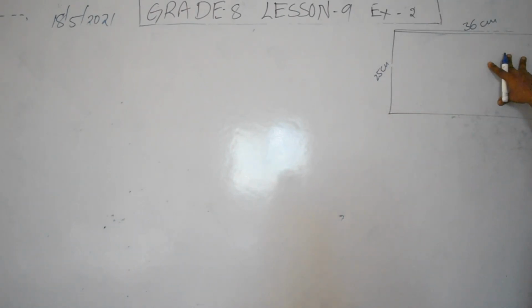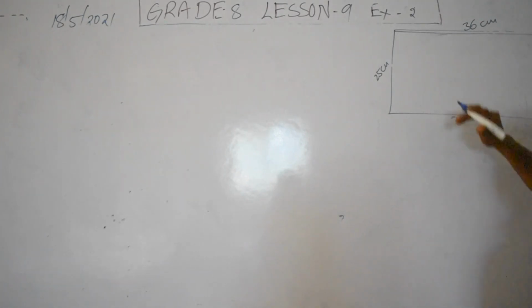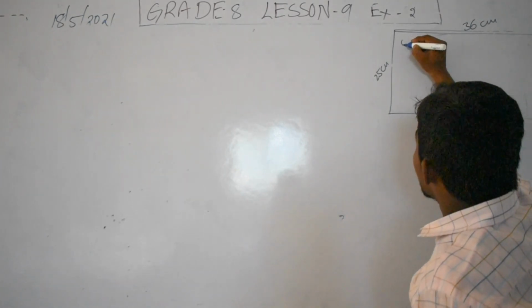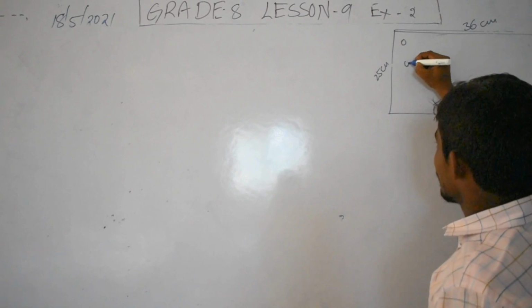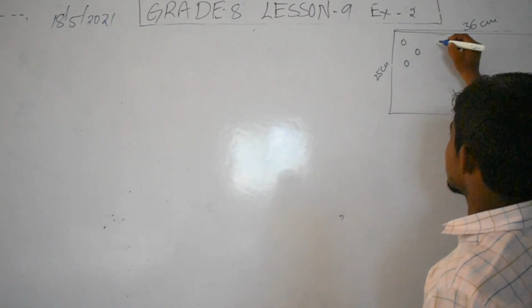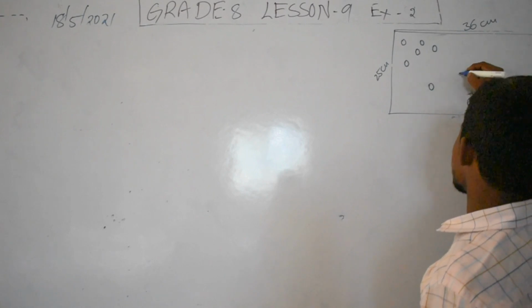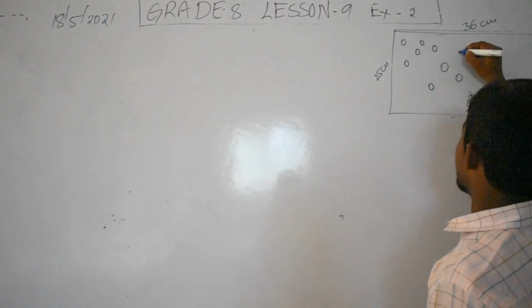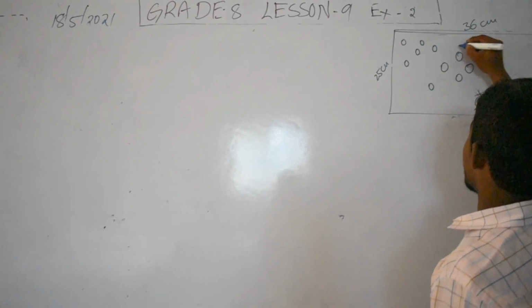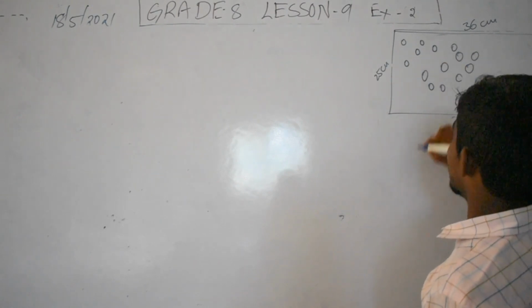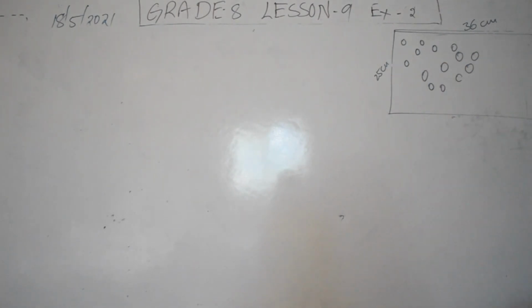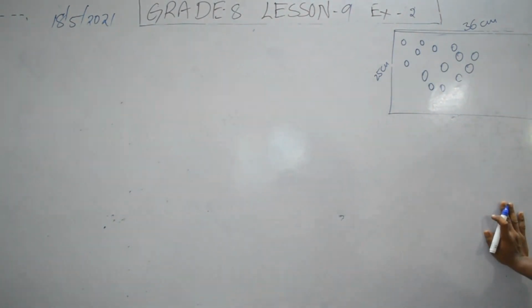On the rectangular sheet, 1 button, 2 buttons, 3, 4, 5, 6, 7, up to 14 and so on. Like this, 56 buttons on this rectangular sheet.